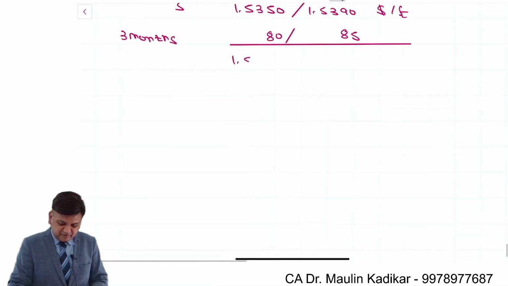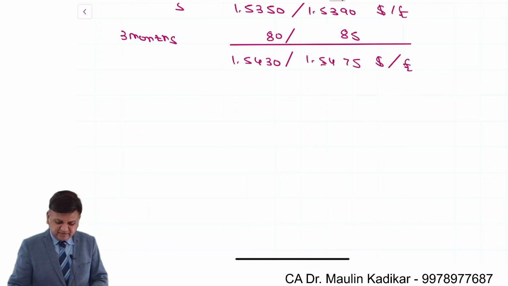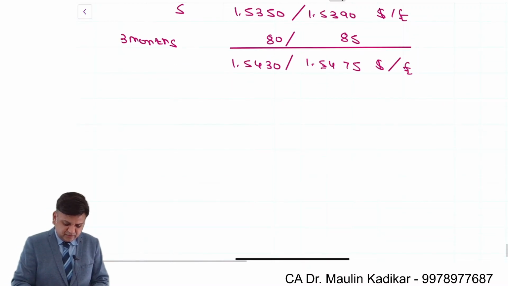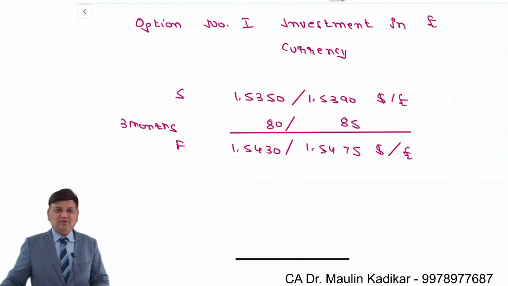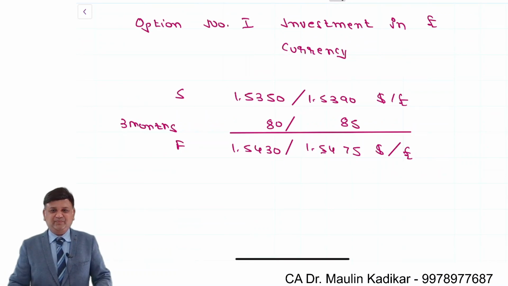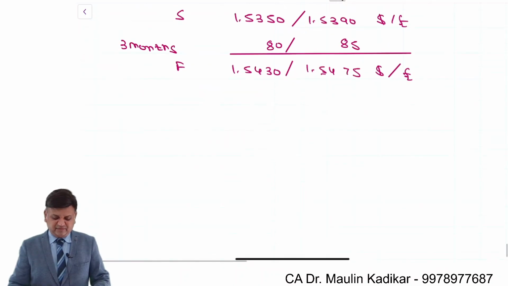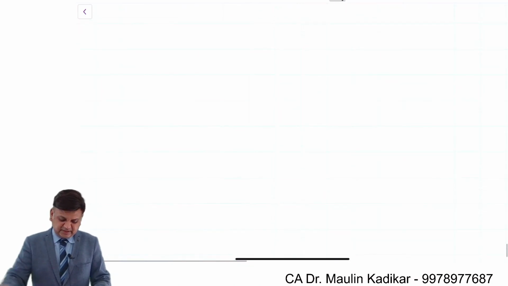So it is 1.5430 slash 1.5475 dollar per pound. That is the way we are required to make the computation of 3 months forward exchange rate. That is the first working that we have to make. So this is the forward exchange rate that we have found.